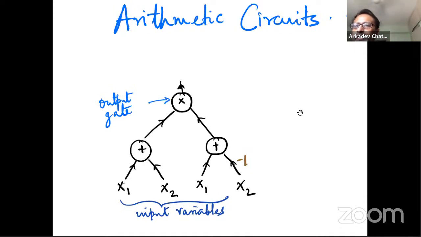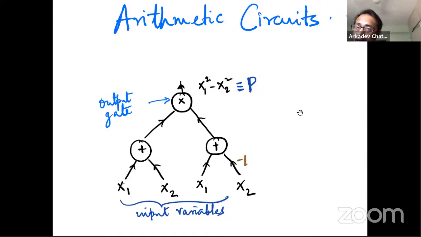They are at the bottom, and they are fed into the circuit. And then there is a special gate called the output gate, at which you are expected to compute the polynomial. So, for instance, in this particular case, as you can see, a simple polynomial x1 square minus x2 square is being computed. And you can use arbitrary constants of the underlying field as part of your computation for free.